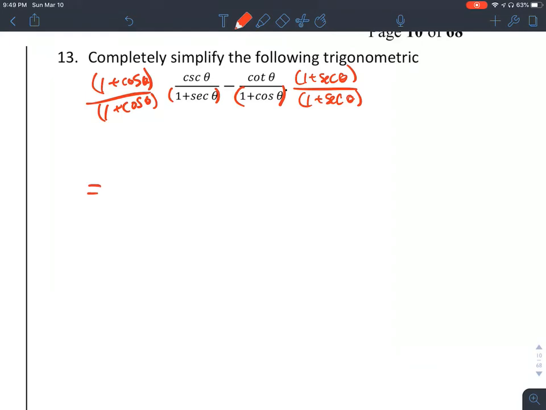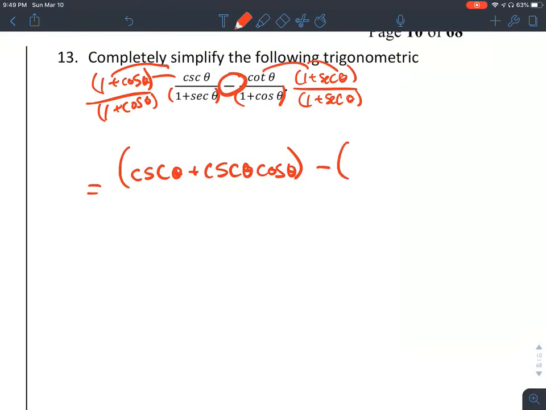So that's going to equal, I'm going to distribute this while I'm doing this. So I'm going to have cosecant of theta plus cosecant of theta times cosine of theta. And I'm subtracting from that, distributing this cotangent. This subtraction here is the most important part of this problem, meaning the part people are most likely to make mistakes.